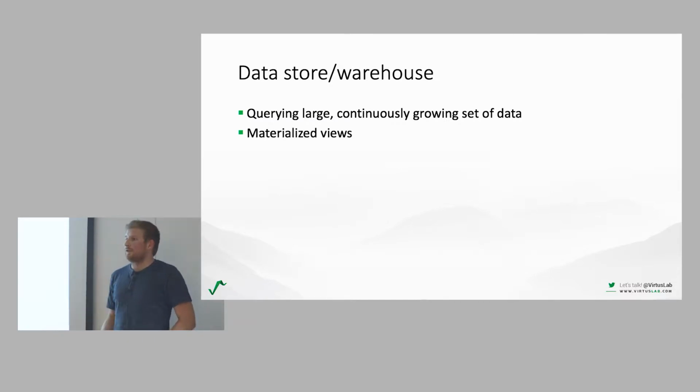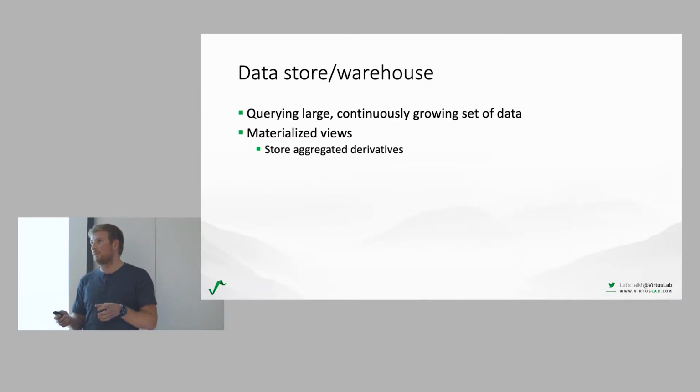Then probably you would switch to some materialized views, and this is quite a good idea because you would like to avoid joins, as joins are quite expensive in data stores most often. A materialized view is a way of storing derived information, aggregated as an artifact of processing raw events.